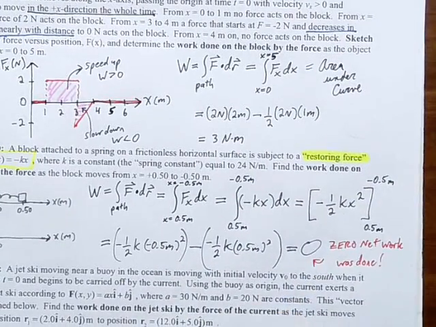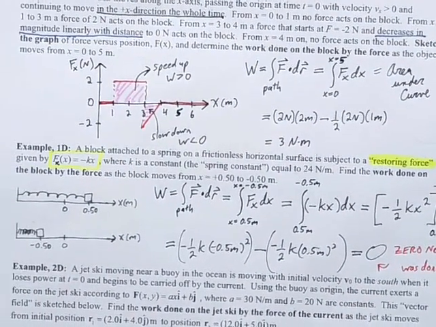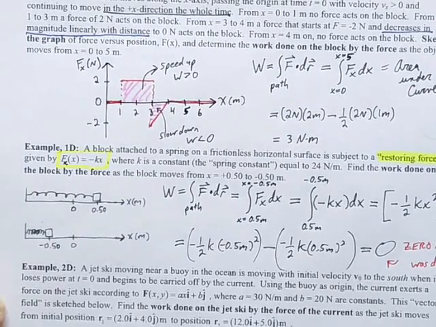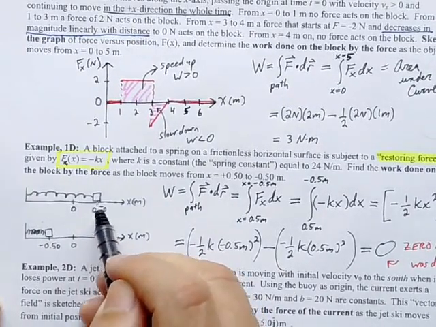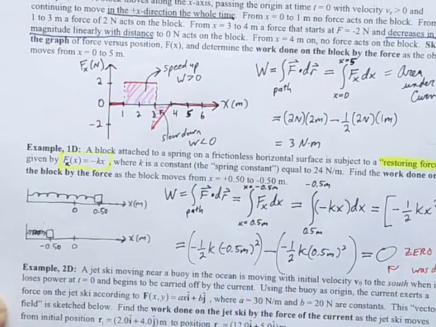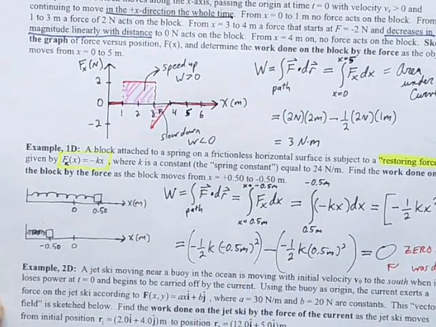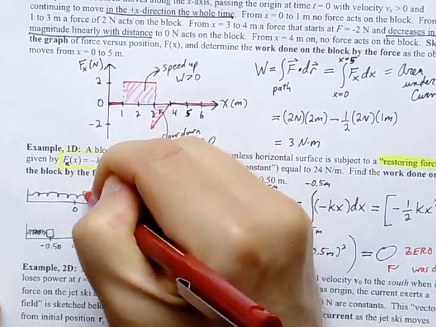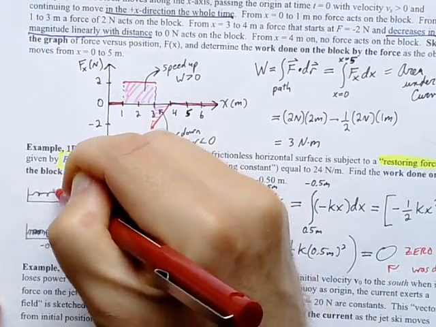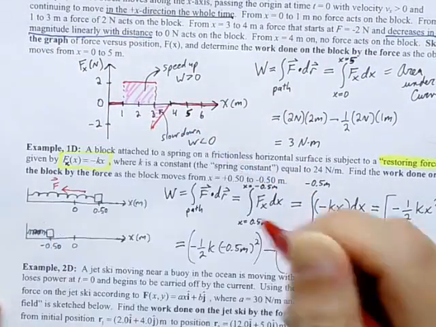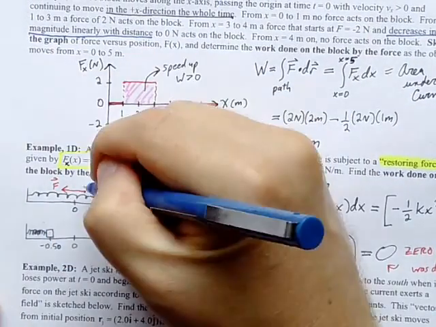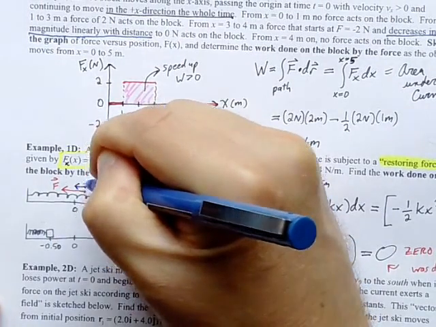Why? Why was 0 work done in this case? Let's examine. Consider as the block moved from this position towards equilibrium. As it's moving towards equilibrium, the force on it, the spring force, would be to the left. The stretched spring pulling the block to the left, and the block's displacement during that time was to the left.